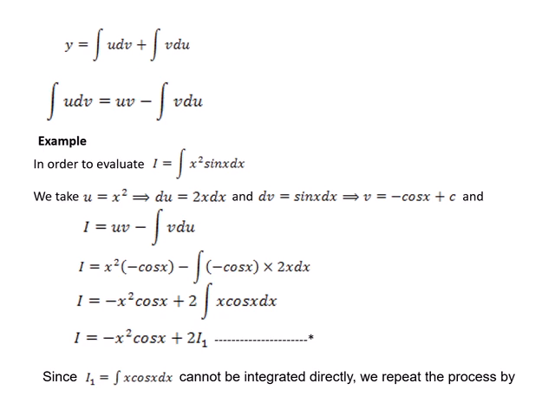Take it out, then we have integral of u dv equal to, while the other has come to the other side, then what is our y from the question? y is equal to uv. Instead of writing y again, we now replace it as uv. So we now have integral u dv equal to uv minus integral v du.